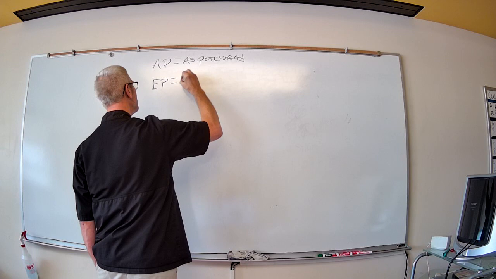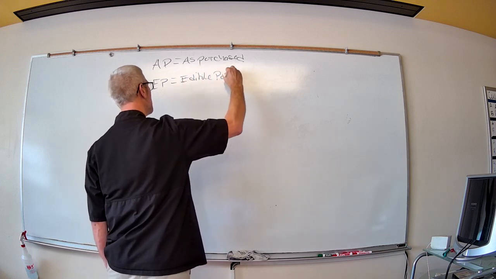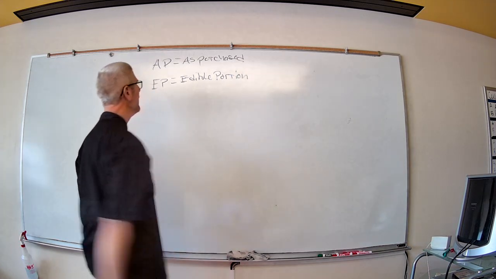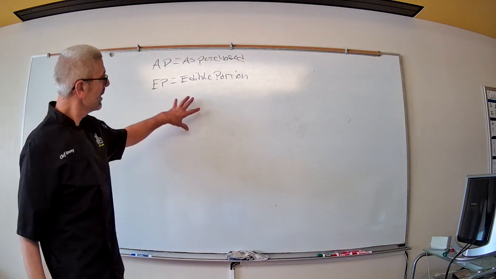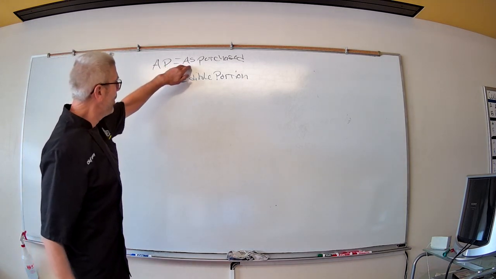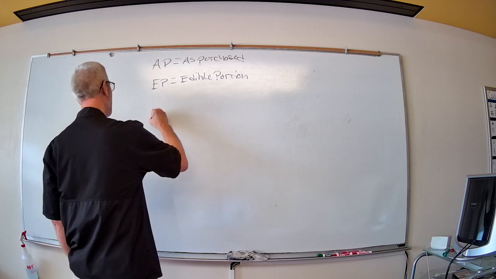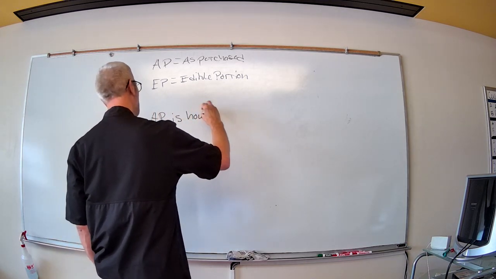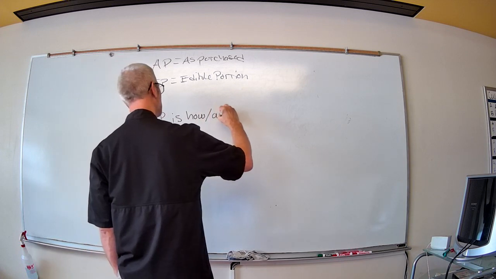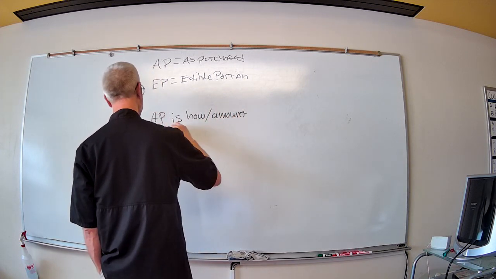EP is considered edible portion. Edible, let me see if I can spell it right. Okay, edible portion. Okay, as purchased, AP, like that. AP is how and the amount I bought it as.